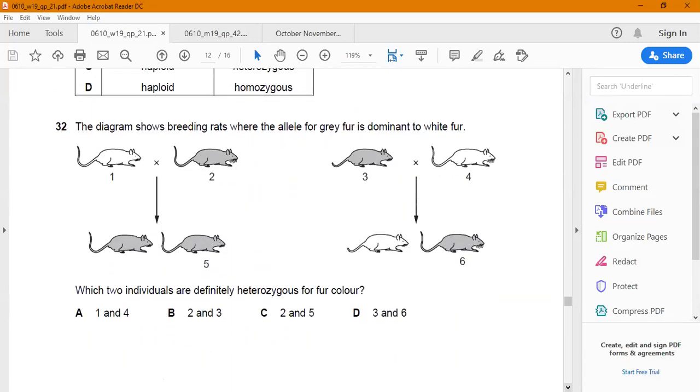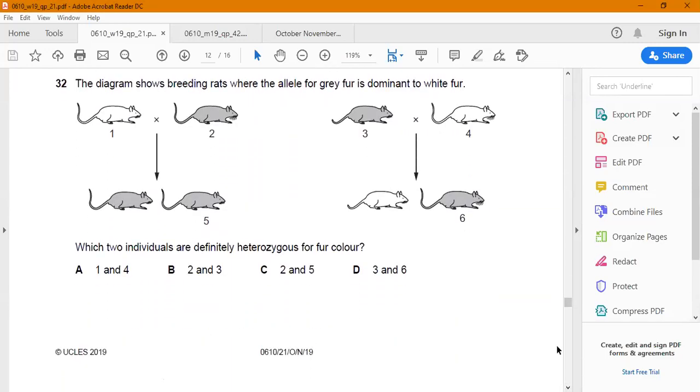And the next one. The diagram there shows breeding rats where the allele for gray fur is dominant to white fur. All right. So they said gray fur is dominant to white fur. So therefore, what are your alleles then?